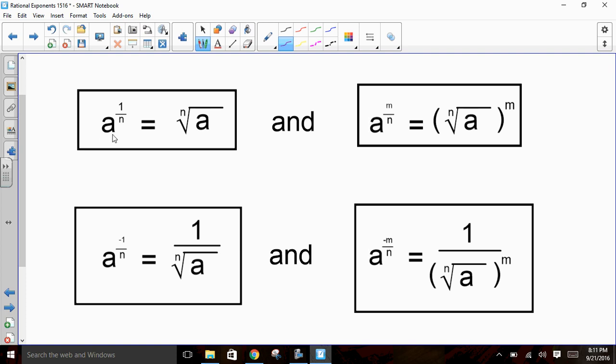So if I'm given a number to an exponent that is a fraction, I take that number and I put it under a radical. The denominator becomes that type of radical, and then whatever the numerator is becomes a power. And that's essentially what all of these say. If it's negative, then it's 1 over that radical. Again, negative, it's 1 over that radical with that power.